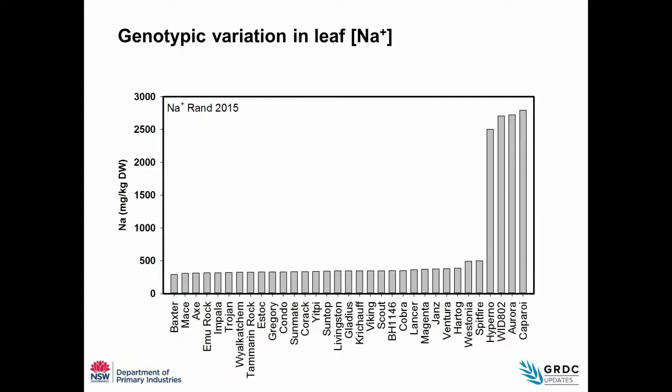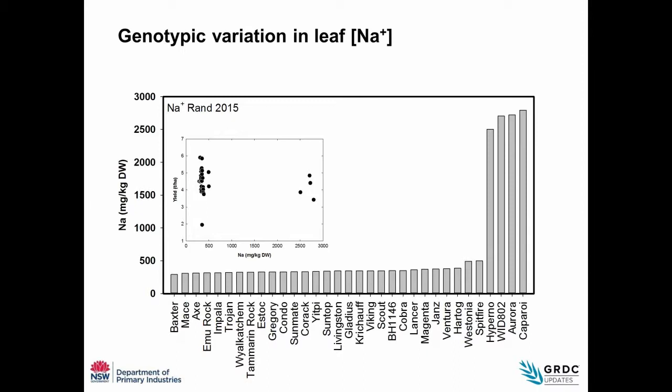But in this case, which is a sodic soil, probably it is the soil structure that is causing a lot of problems, and sodium is not, as an element, toxic for the plant. So the 4 bars on the right-hand side here are durum wheat, and the rest are bread wheat. There is not a lot of variation, I have to say, in sodium concentrations in the bread wheat, and that wasn't correlated with the yield either. That means your yield was independent of the capacity of your wheat variety to exclude sodium from its leaf.